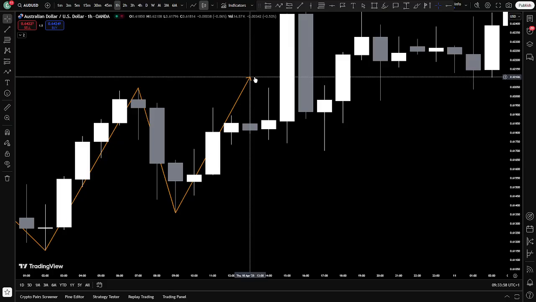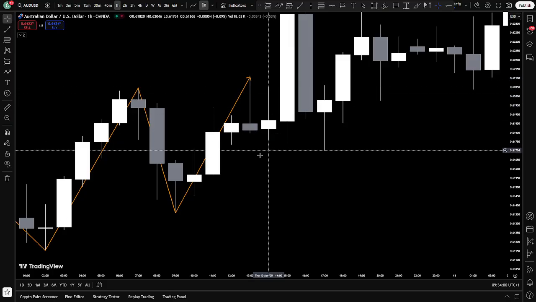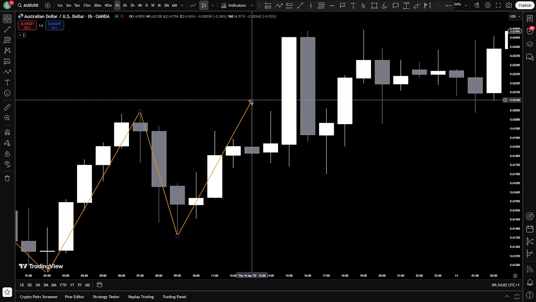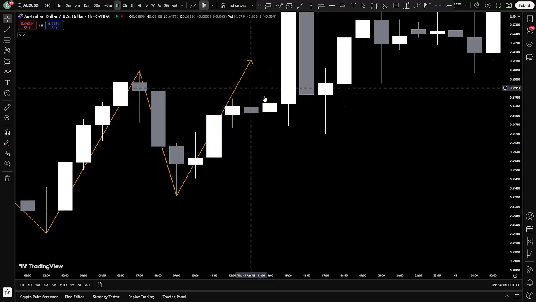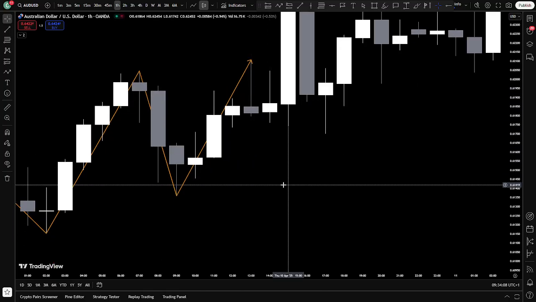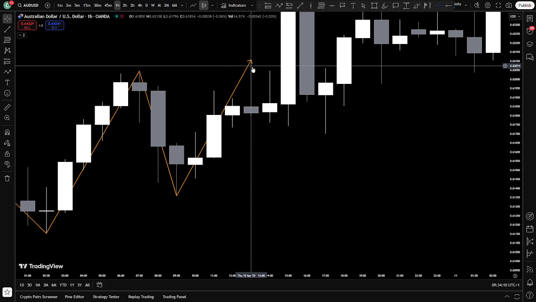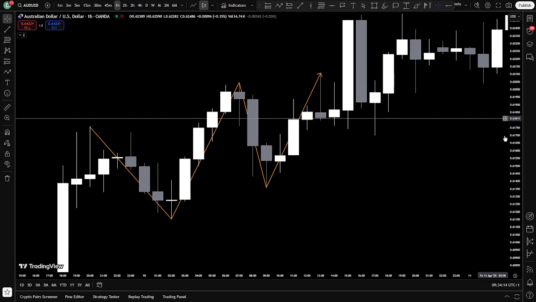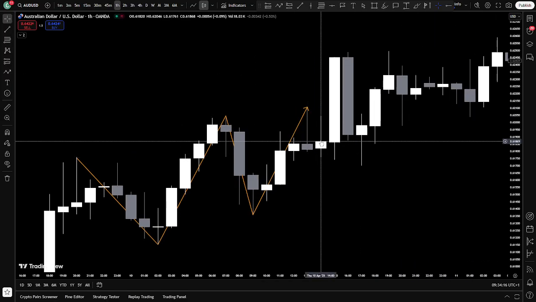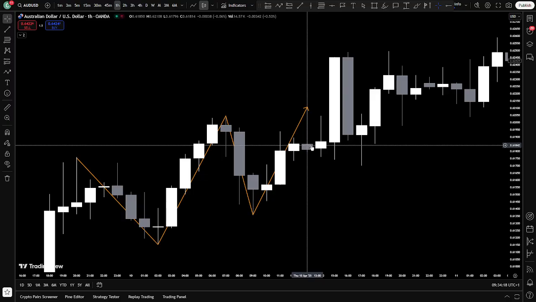So volume got transferred to askers, but that did not mean that price started changing direction. No. Yes, there was a sell move, but it was not a big kind of sell move.